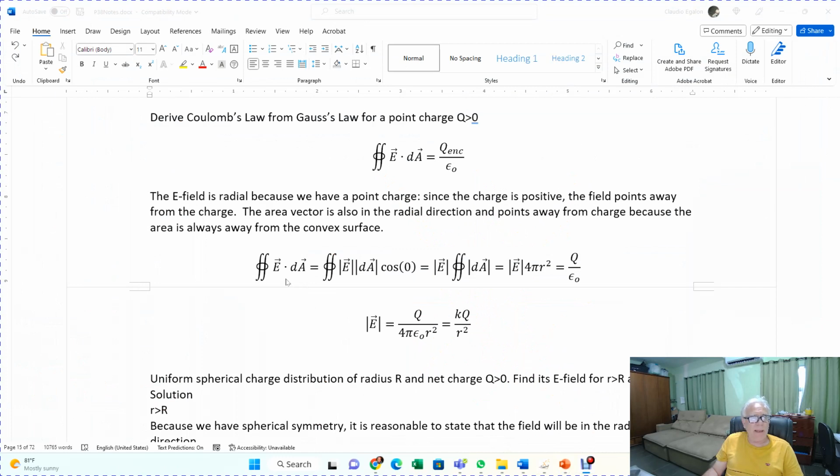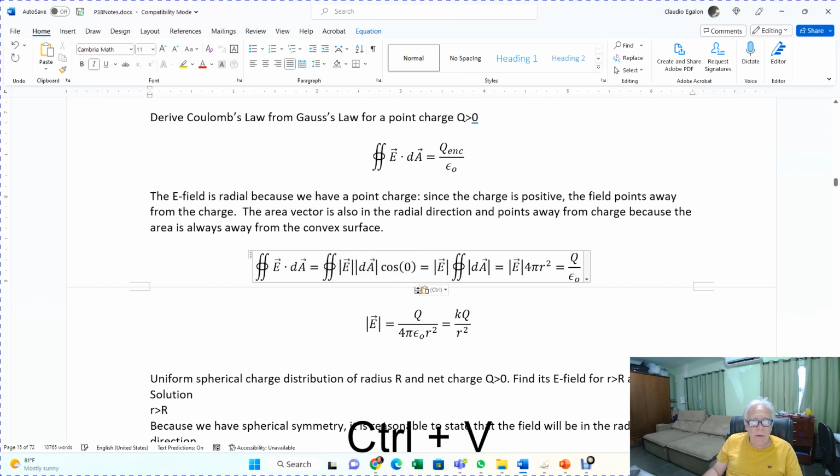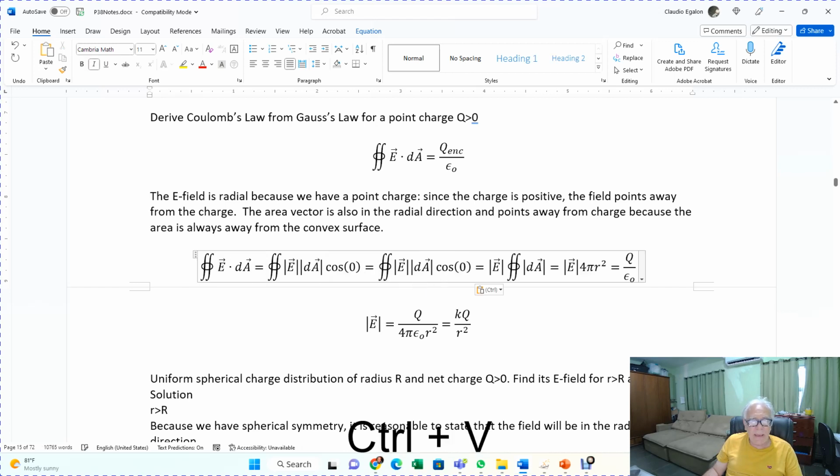When we do something like that, what happens? The integrand inside the integral of the Gauss's law is going to end up becoming something like that. E dA times cosine of 0 degrees, right? Which is, I'm going to do another step here, which is E dA.